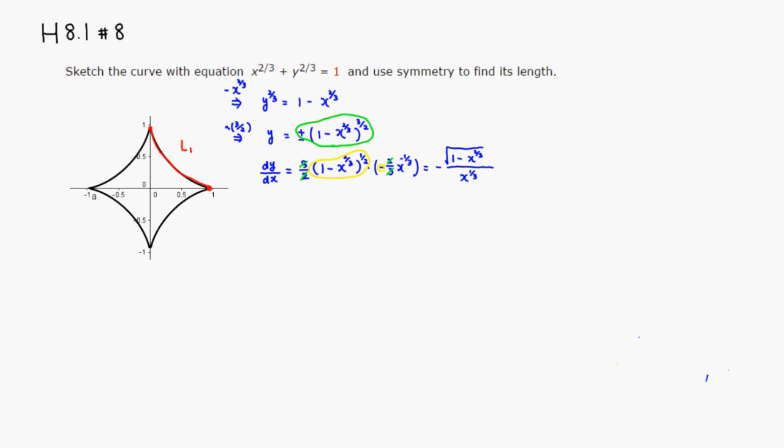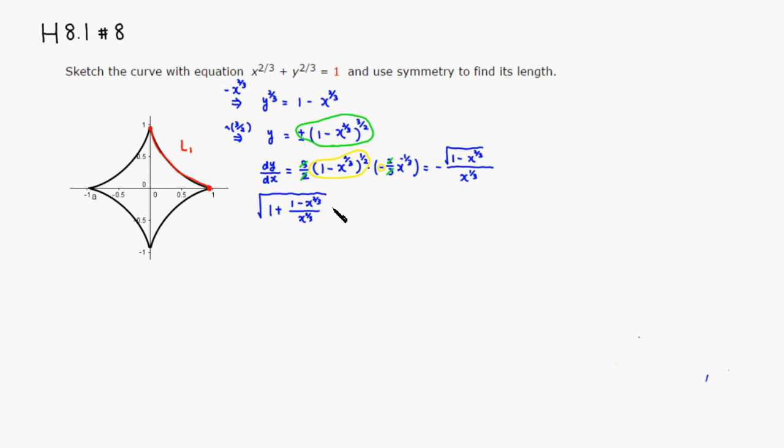The integrand is going to be the square root of 1 plus, squaring this, the negative sign is gone, so you have 1 minus x to the 2/3 power over x to the 2/3 power. The square root is gone, and I have to square the bottom, so it's a 2/3 power.